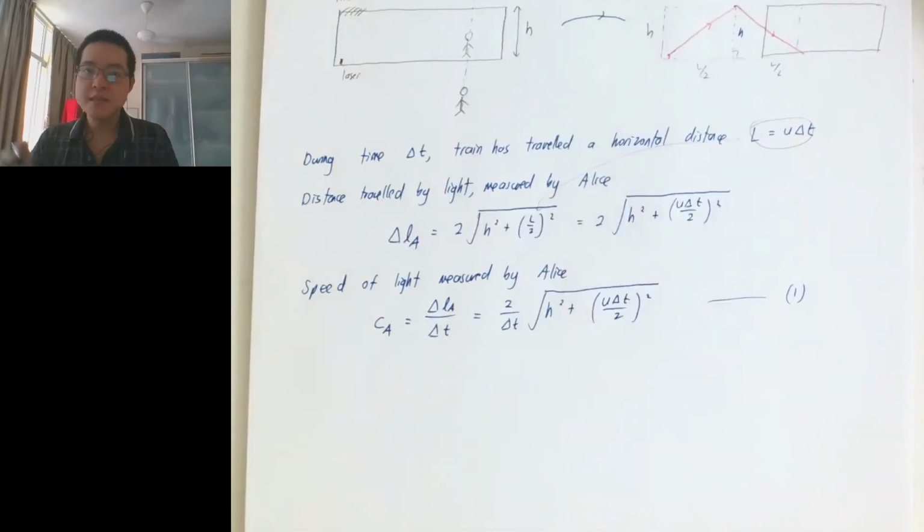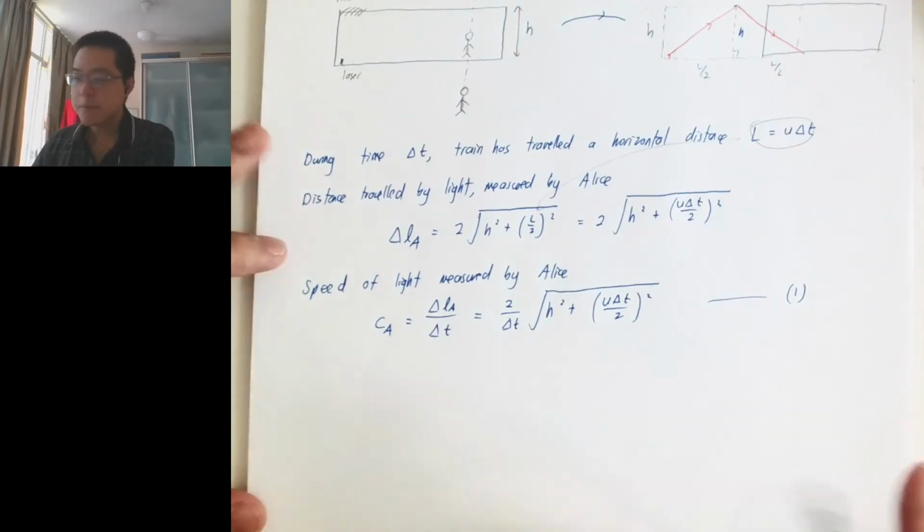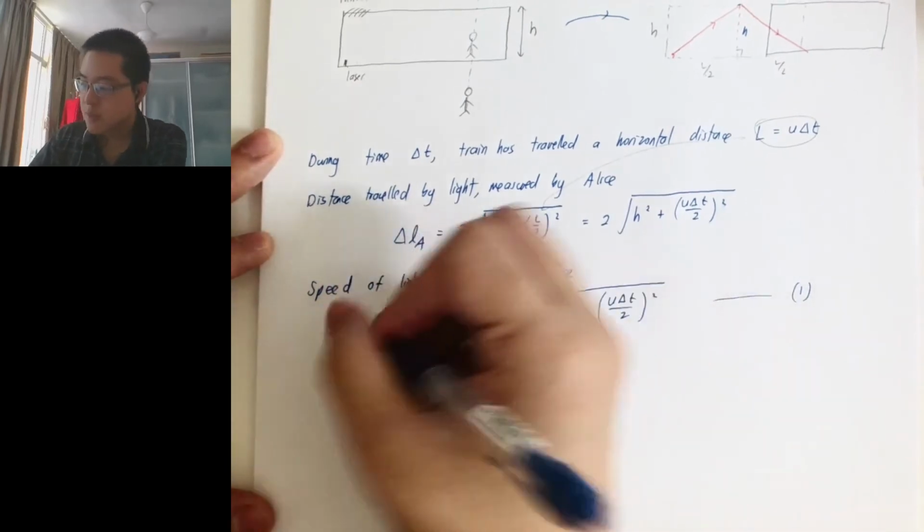Okay, so using this laser, we can measure the speed of light. Now, we can also see what Bob measures. So let's consider, what does Bob measure?